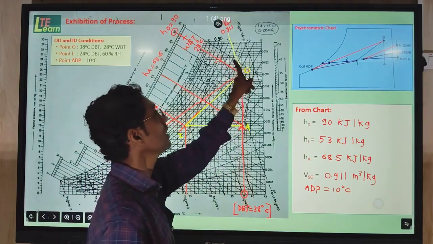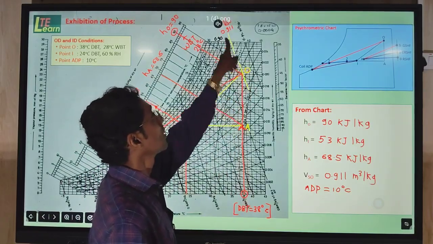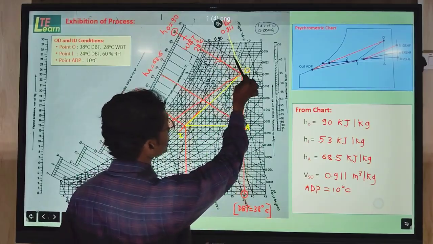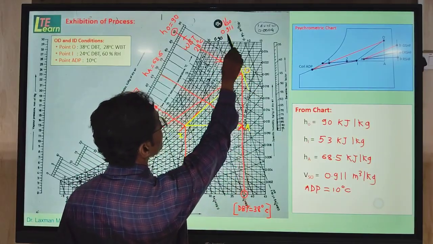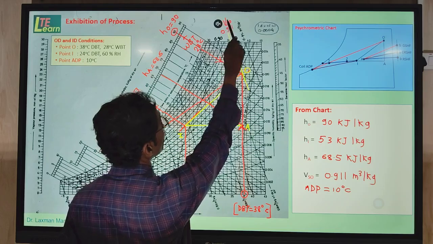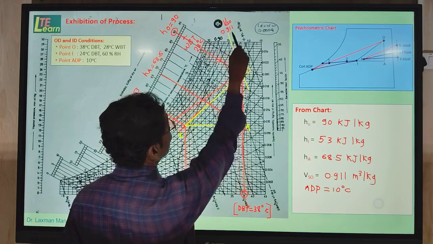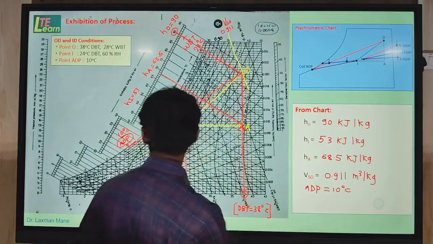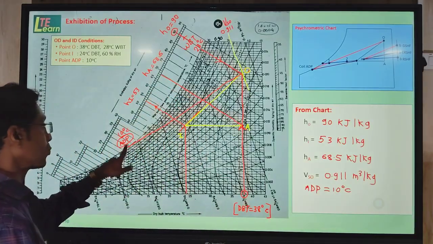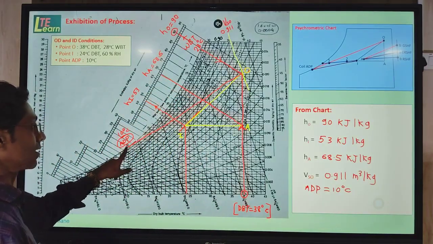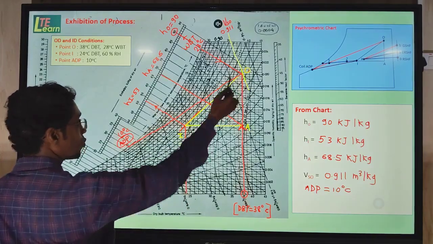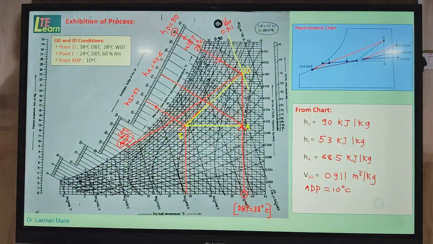This line is coming in between, so by observation we can write the value, that is 0.911 meter cube per kg specific volume. We are given the apparatus dew point of 10 degrees, we locate that. Then we join this O to the ADP line.